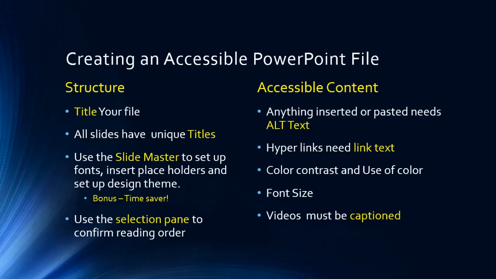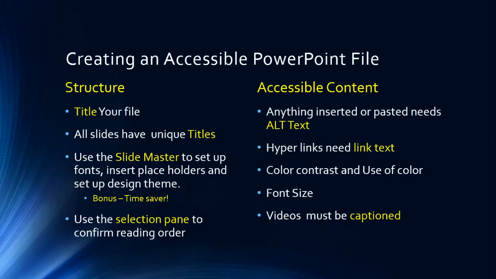We'll also talk about some of the built-in tools that PowerPoint has. A selection pane is one example that's different than other Microsoft software products. It will confirm the reading order for a PowerPoint slide. Assistive technology that's used for an individual that's blind is a software version called a screen reader.